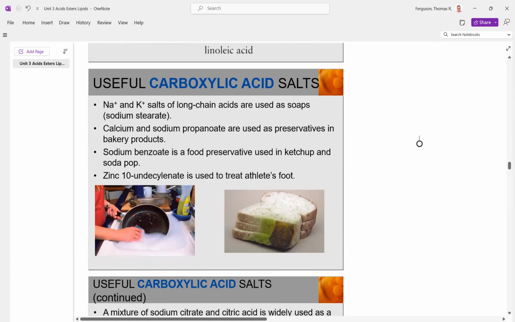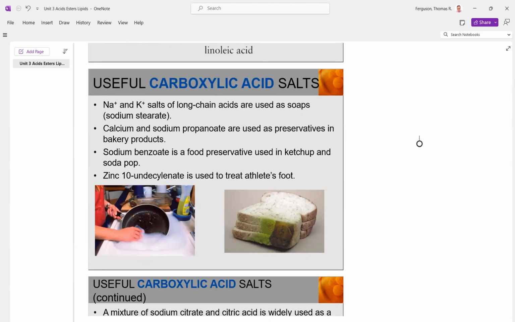Now, ivory soap is a lye soap. Sometimes they use sodium hydroxide, sometimes they use potassium hydroxide, and the fat is exposed to the strong base. What you end up with is a salt of that fatty acid.